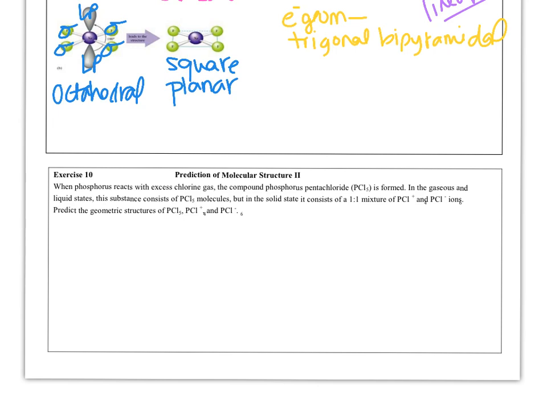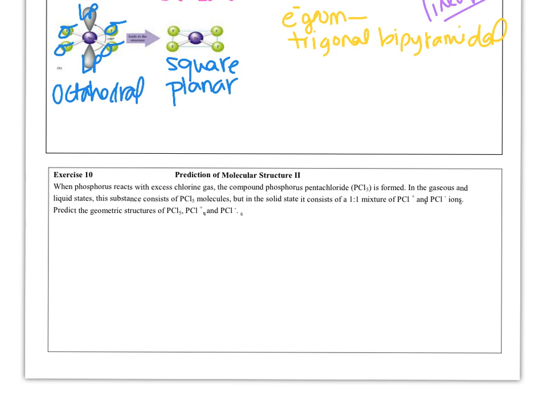All right, so here's one where it says when phosphorus reacts with excess chlorine, the compound phosphorus pentachloride is formed. In the gaseous and liquid states, the substance consists of PCl5 molecules, but in the solid state, it has a 1-to-1 mixture of PCl4 plus and PCl6 minus.